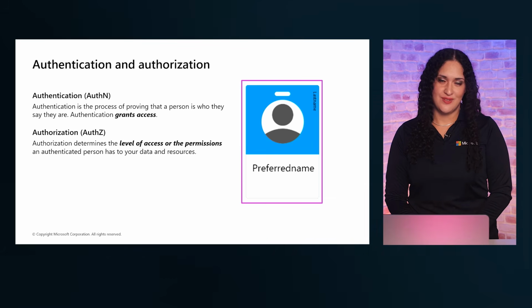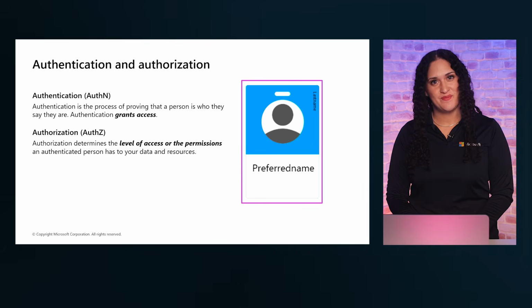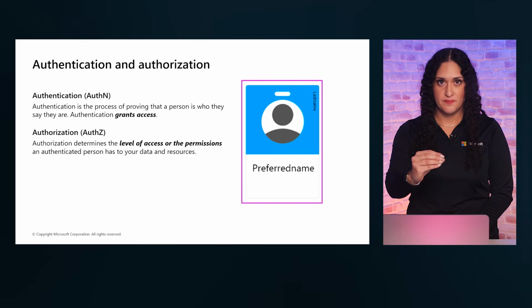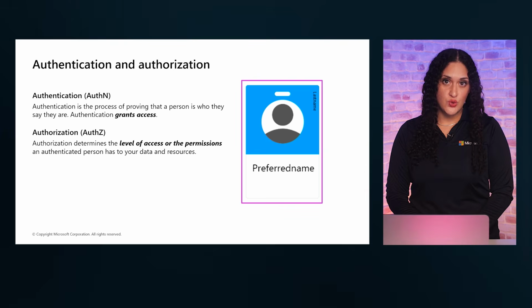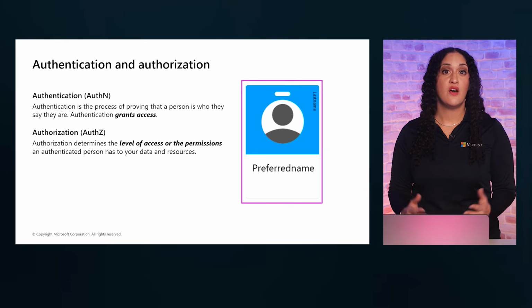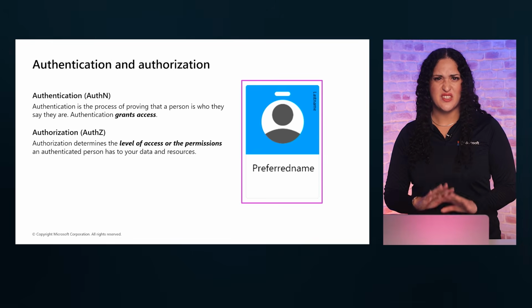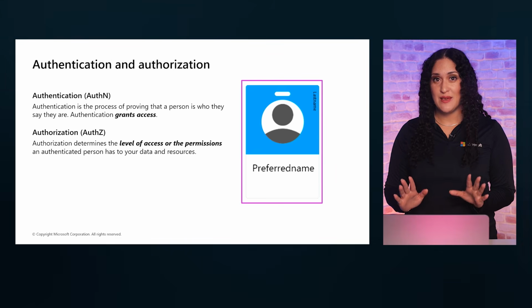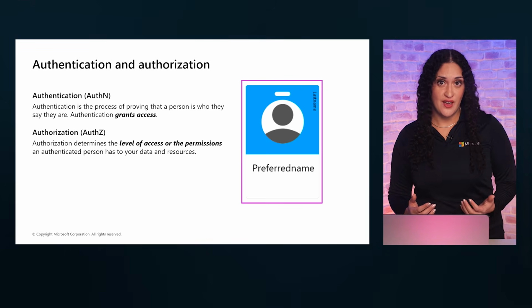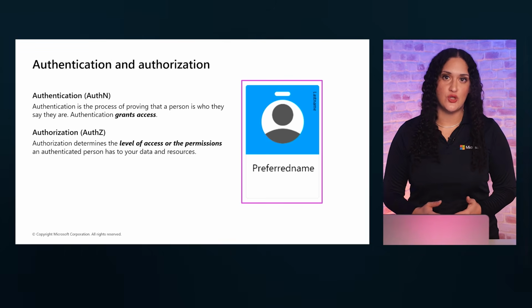After authentication comes authorization, which determines what you're allowed to do once you're signed in. Authorization controls the level of access you have to data, applications, or systems. For example, two users may successfully authenticate to the same system, but only one may have permission to edit files or access sensitive information.